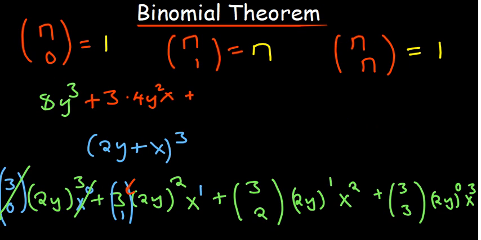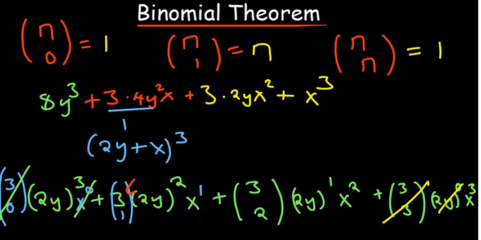So you have 3, 2y, x squared, and then for the final part, that is equal to 1, 2y to the power 0 is equal to 1, you just have x to the power 3. So of course that becomes 12y squared x. This becomes 6yx squared. So that's basically the way you deal with the binomial theorem when it comes to expansions.